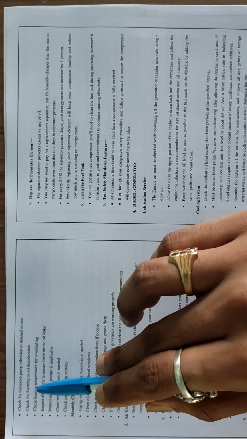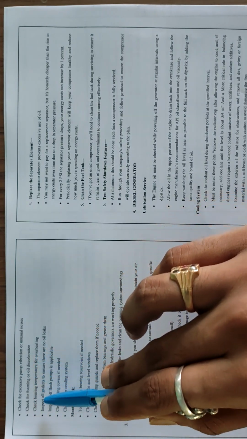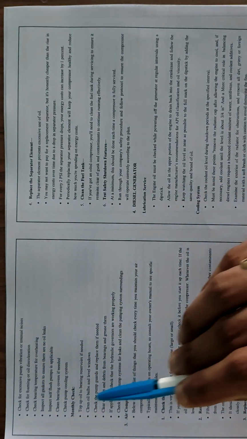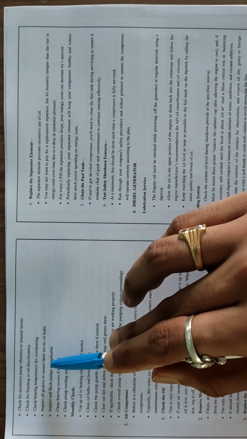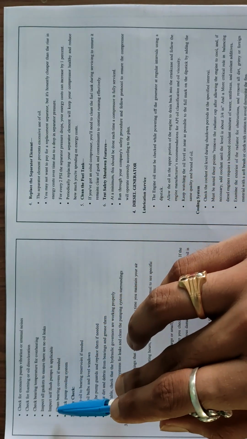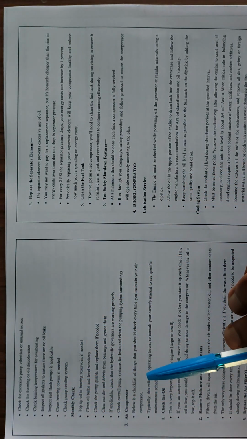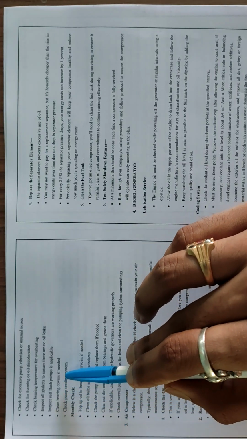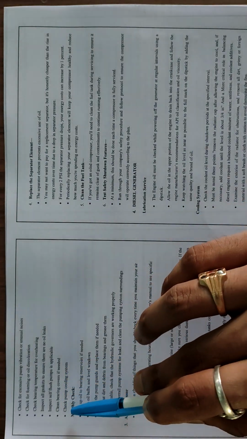Check for foaming or oil discoloration. Check bearing temperature for overheating. Inspect all gaskets to ensure there are no oil leaks. Inspect self flush pumps if applicable. Clean bearing covers if needed. Check pump cooling system.